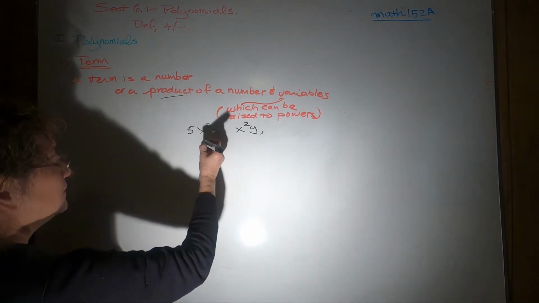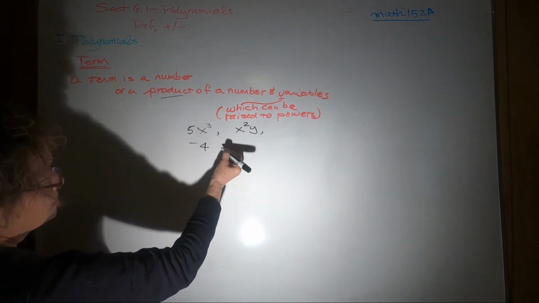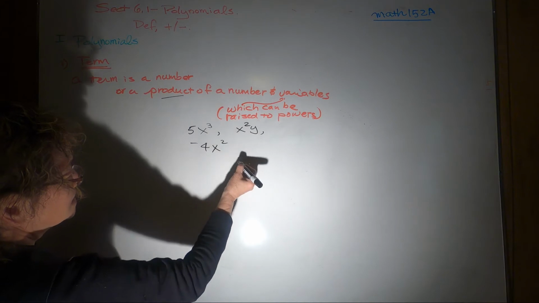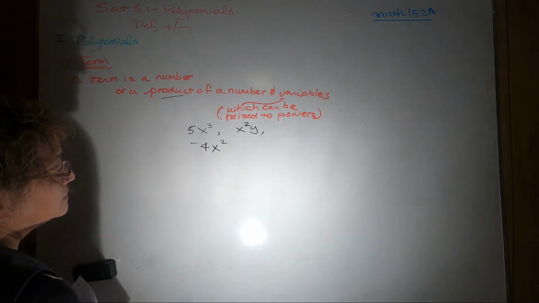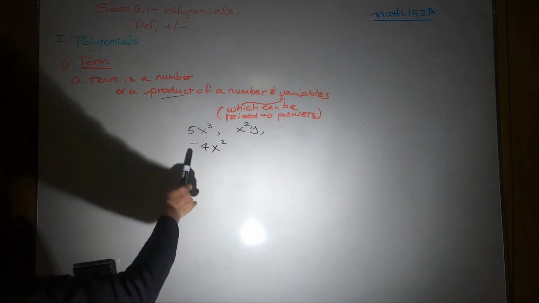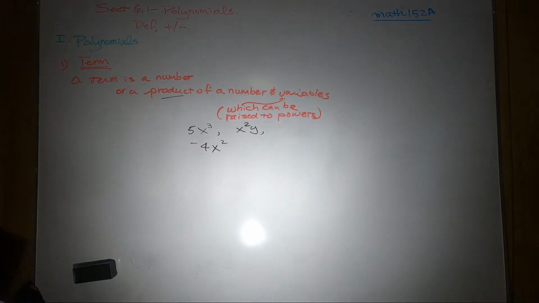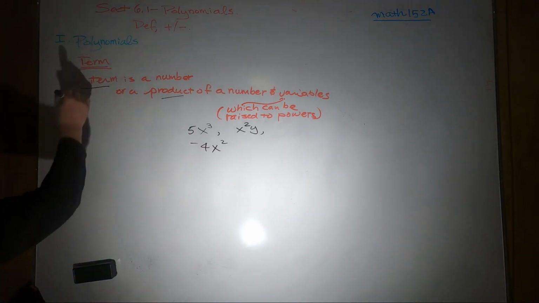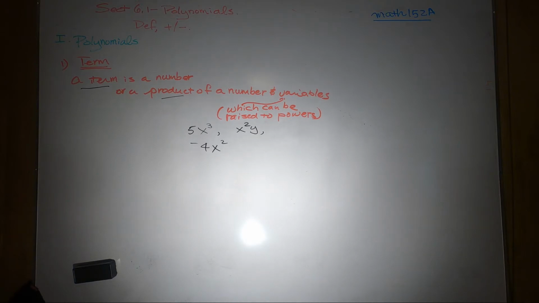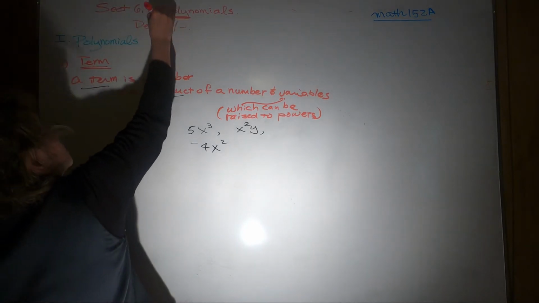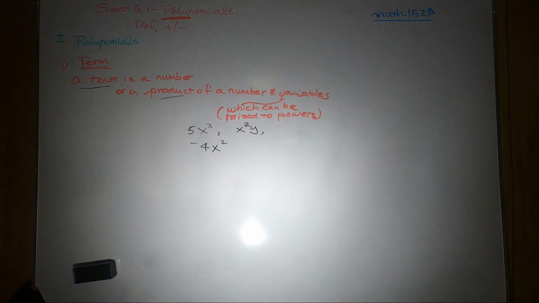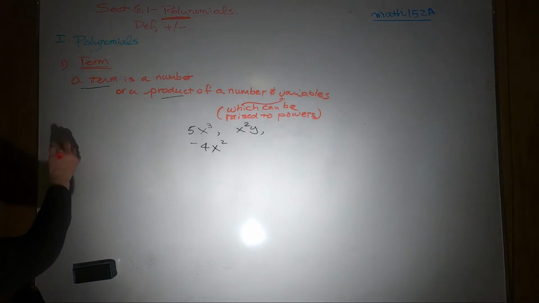Or I can have negative, say, 4, maybe x squared, right? It's all one item. We call it what? A term. So first we define what one term is before we can talk about many terms.